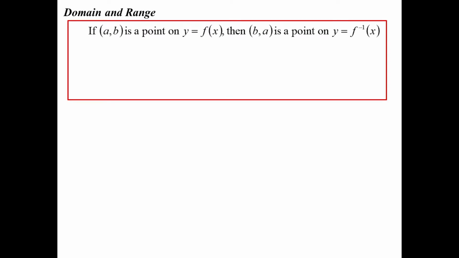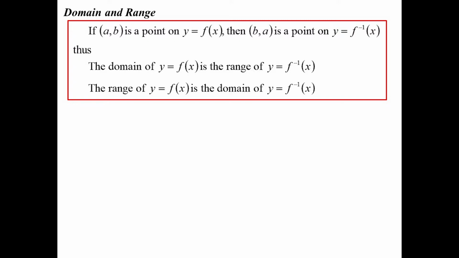Domain and range. We know that if (a, b) is a point on the original graph, then (b, a) will be a point on the inverse, basically swapping the x and the y's around. So therefore, the domain and the range swap around. The domain of the original function will be the range of the inverse function, and the range of the original function will be the domain of the inverse function.